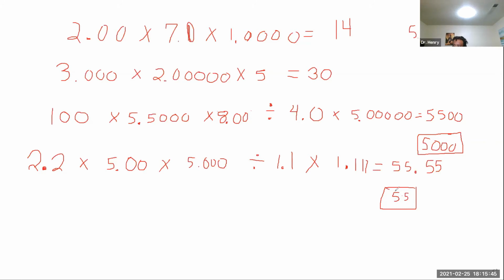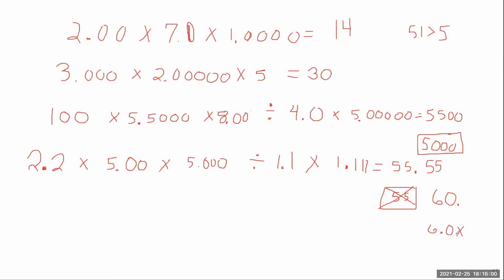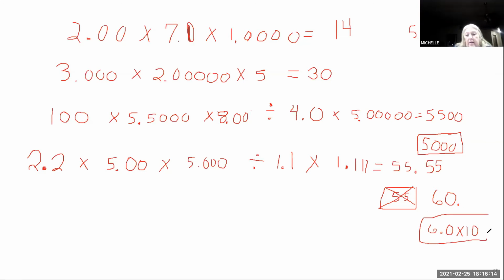We want to put our decimal point there or use significant figures or scientific notation. 6.0 times 10. Yep. Piece of cake. Maybe a cupcake.